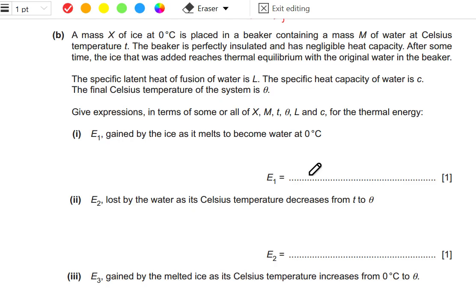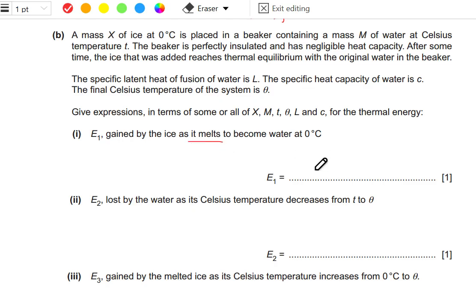Give expressions in terms of some or all of x, m, T, theta, L, C for the thermal energy E1 gained by the ice as it melts to become water at 0 degrees Celsius.